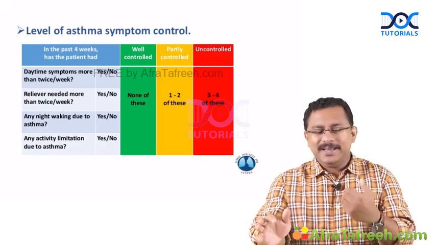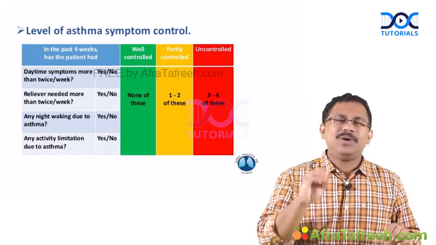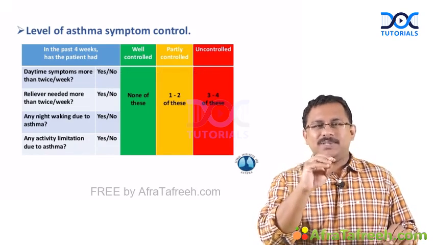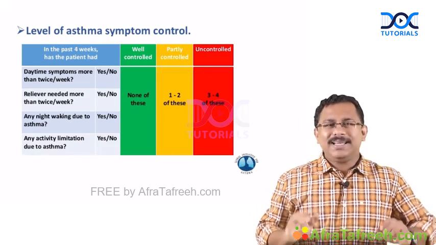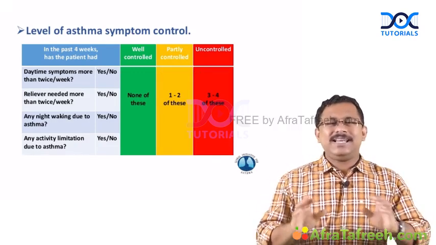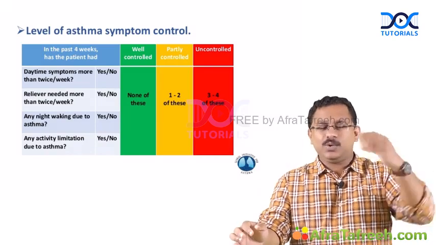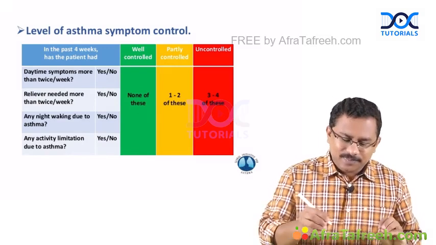But I feel these terms would help you in practice for an assessment: is this a partly controlled, a well controlled or an uncontrolled one? The current 2021 GINA guidelines have made it more simple, so they use terms only with respect to step and not these terms. But let's try to understand these.